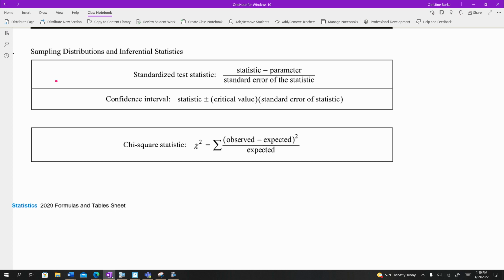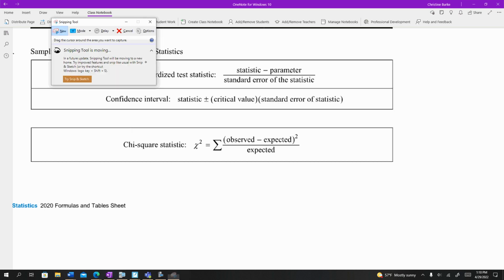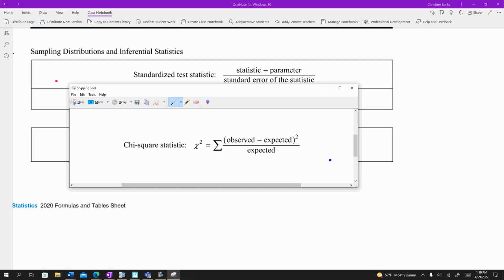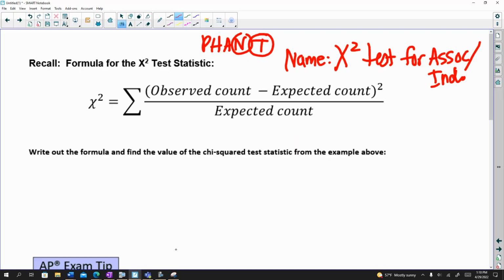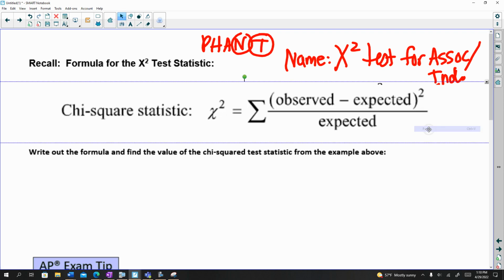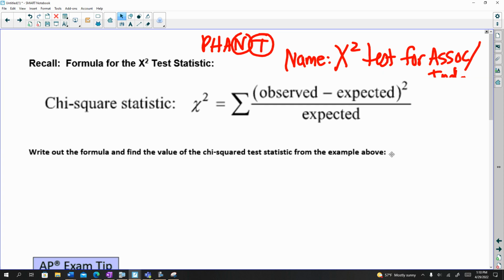So that's good. Let me snip it. Okay. All right, so that's good because you're just going to copy down the formula from the reference sheet. So here it is right there. Okay. And then let me just write down reference sheet so you know that it's not something you have to memorize.